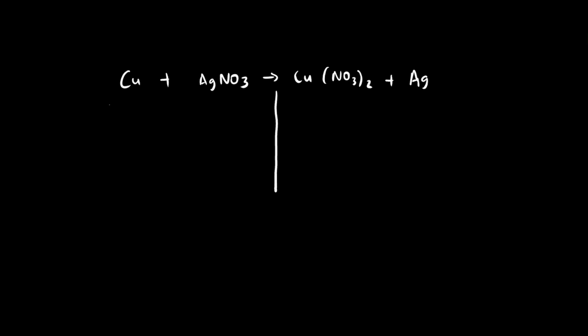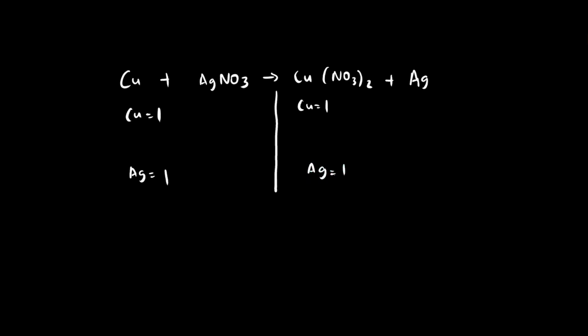Let's do it together. We have 1 copper on the left and 1 on the right. We have 1 silver on the left and 1 silver on the right.